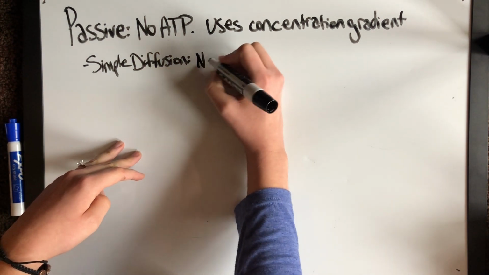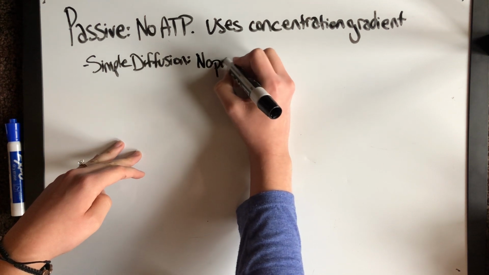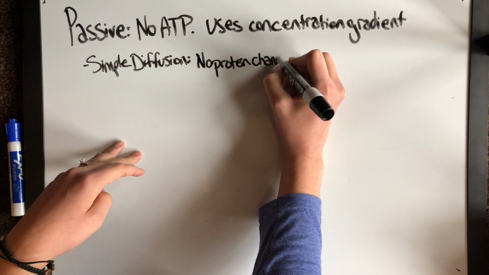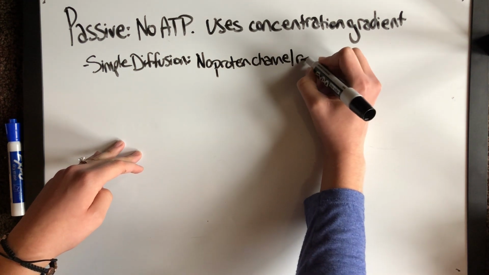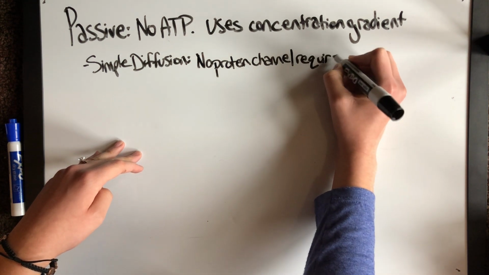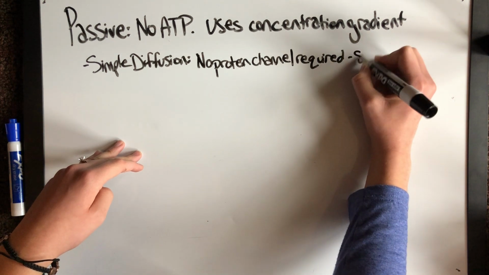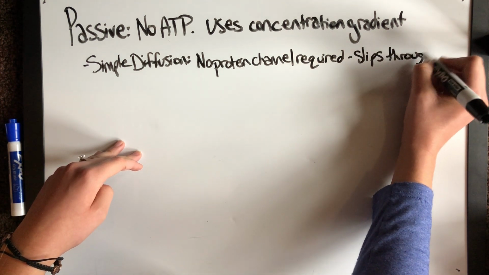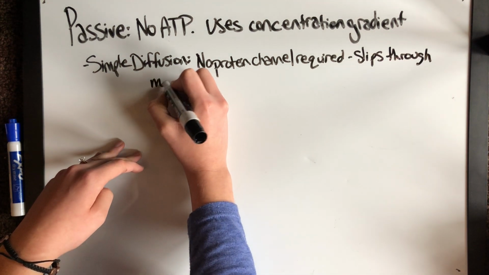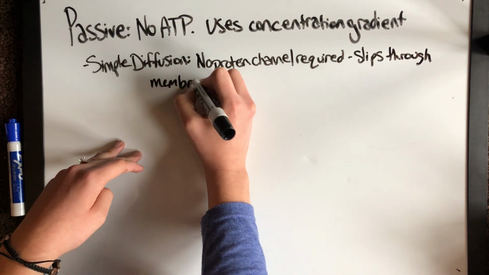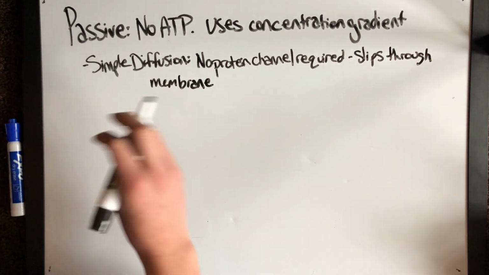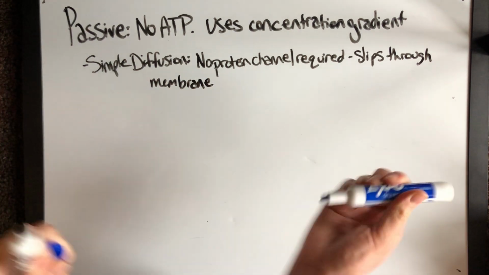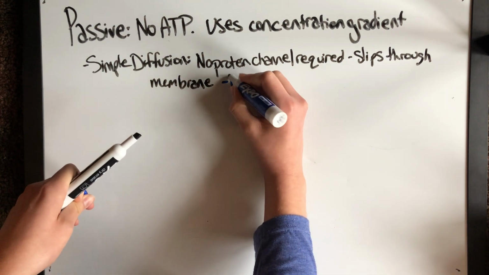So no protein channel required. They can just slip through the membrane. So we're going to think small and nonpolar molecules for our simple diffusion.